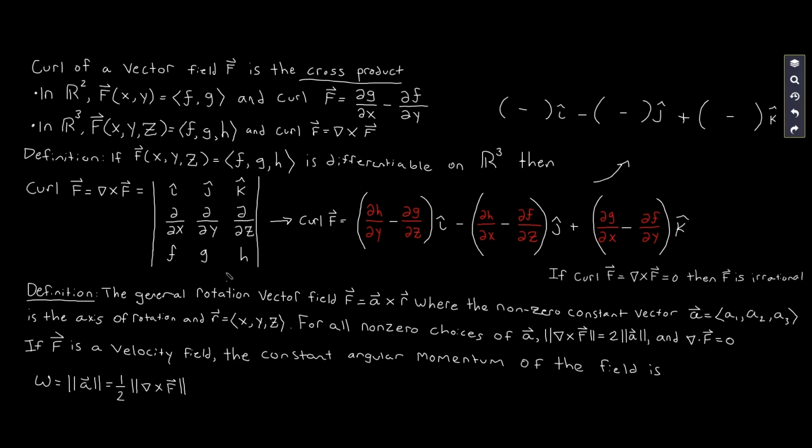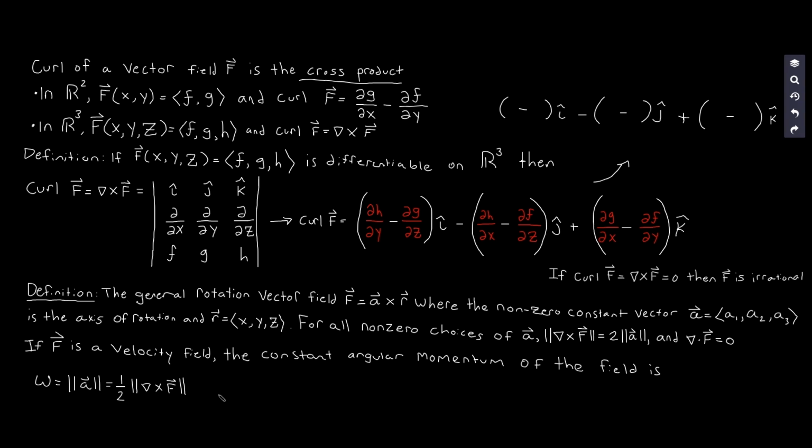And here is our textbook definition. It says the general rotation vector field, vector f equaling vector a cross vector r, where the nonzero constant vector a equals a sub 1, a sub 2, a sub 3 is the axis of rotation, and vector r equals x, y, and z. For all nonzero choices of vector a, the absolute value of del cross vector f equals 2 times the magnitude of vector a, and del dot vector f equals 0. If vector f is a velocity field, the constant angular velocity of the field is shown as follows.